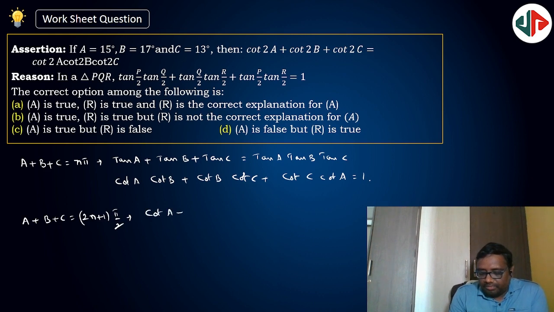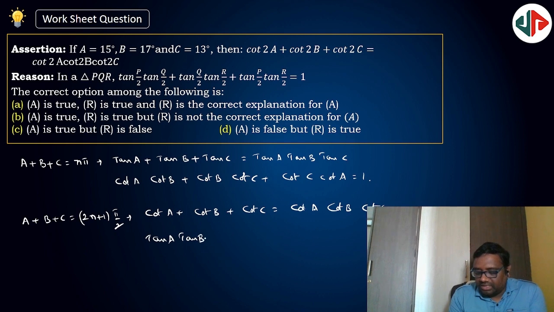Cot A plus cot B plus cot C is always equal to cot A into cot B into cot C, and tan A into tan B plus tan B into tan C plus tan C into tan A is always equal to 1.